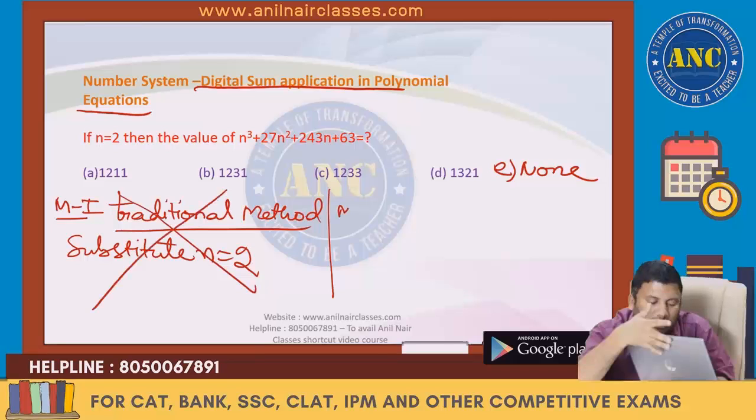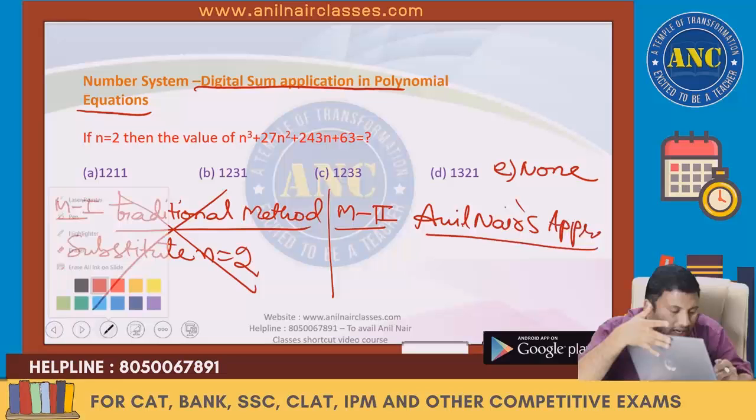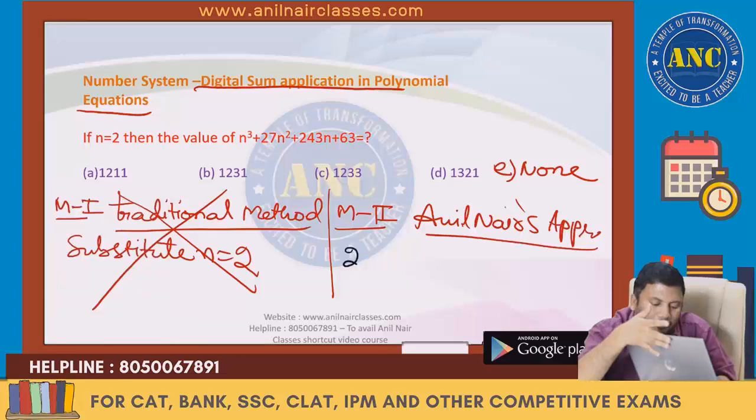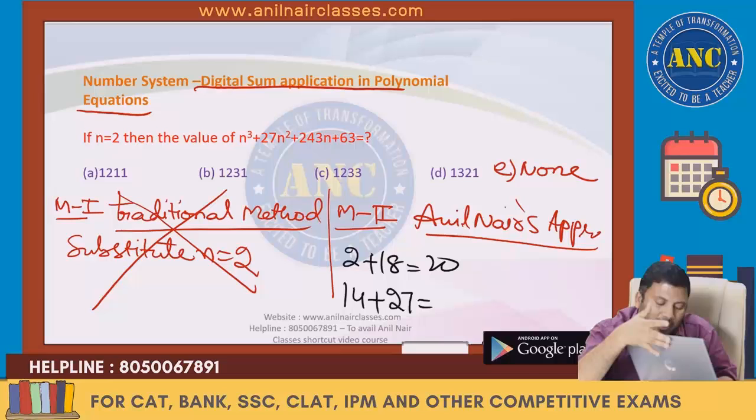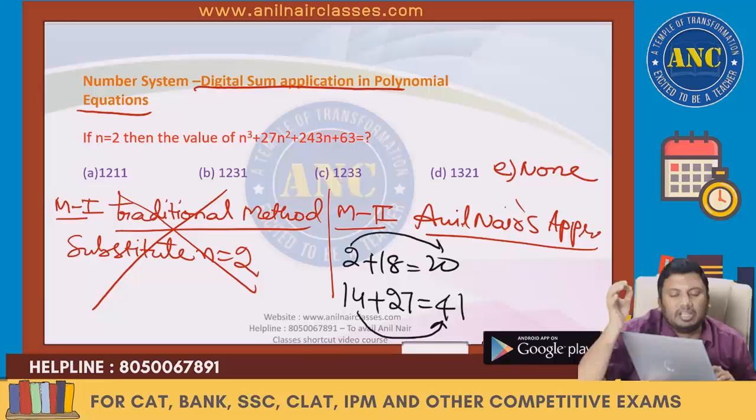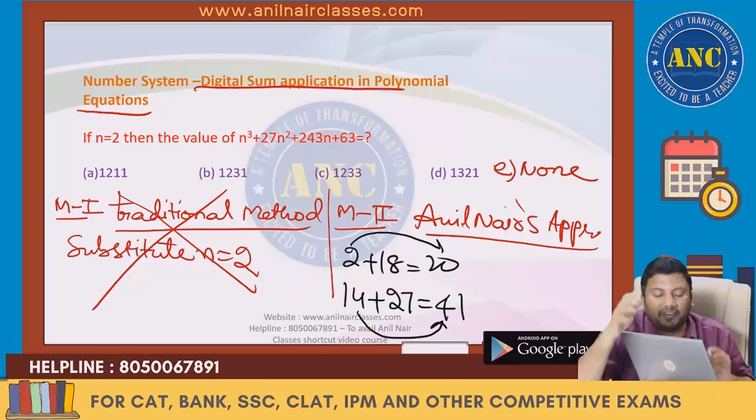Method 2: ANIL NAIR's approach. We already discussed it in the previous class. If you add 9 or multiples of 9 to any number, the digital sum will not change.